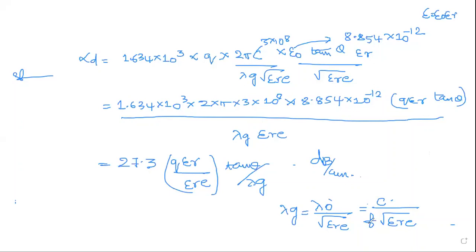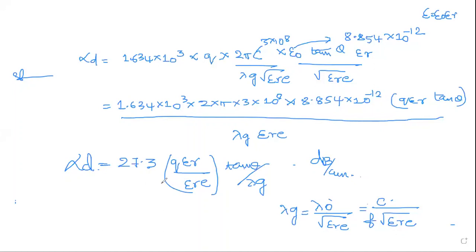Now here, the loss tangent, which is nothing but your tan theta, you can see is independent of frequency here. The dielectric attenuation per wavelength, that is alpha d, is also independent of frequency.